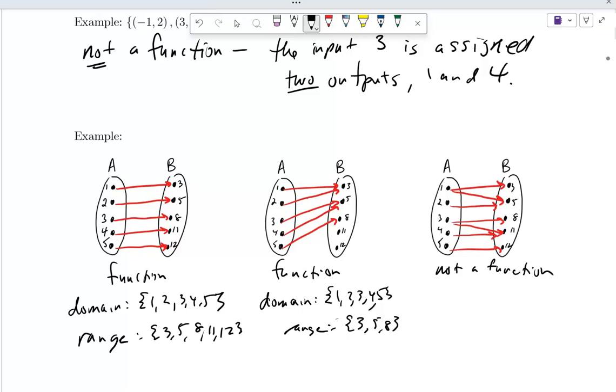Codomain just says these are where the outputs can land. The range is literally what are the outputs. Here the outputs actually ended up being the entire codomain. Over here, the range was just a piece of the codomain. Is that okay?